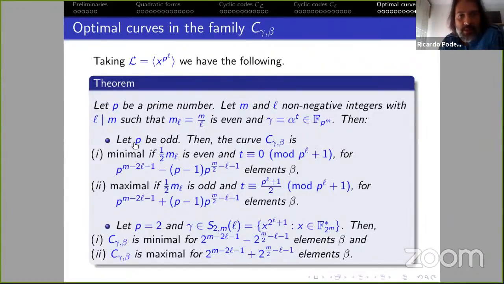We have this general result for p odd and for p equal to 2. The curve C gamma beta is minimal if something happens, it is maximal if something happens, and we know for how many elements this happens.